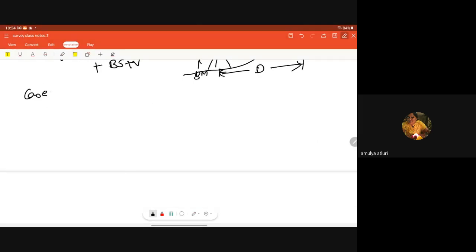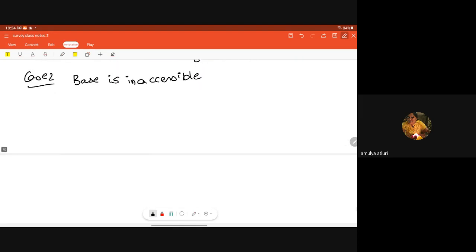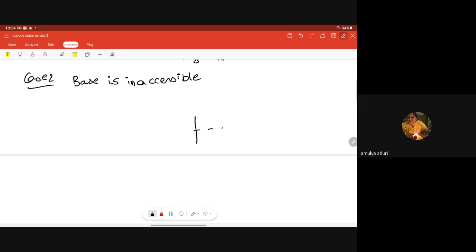Next, second case, case 2. If the base is inaccessible, then how do I calculate height of that object?